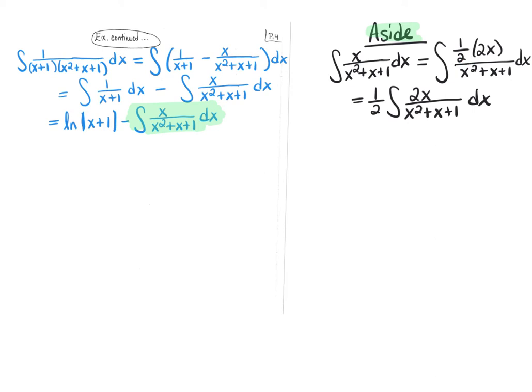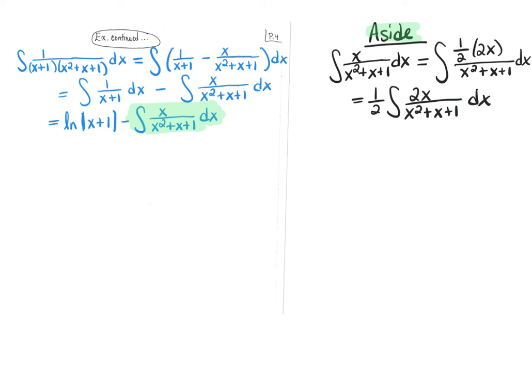Now, why are we doing this? If we zoom in on our denominator, x squared plus x plus 1, the derivative of our denominator is 2x plus 1. So I'm going to try to get 2x plus 1 in our numerator so we can do a u substitution. But we'll be left with some other information that we'll have to take care of or find the integral of.